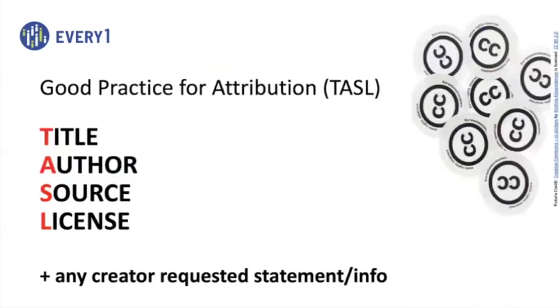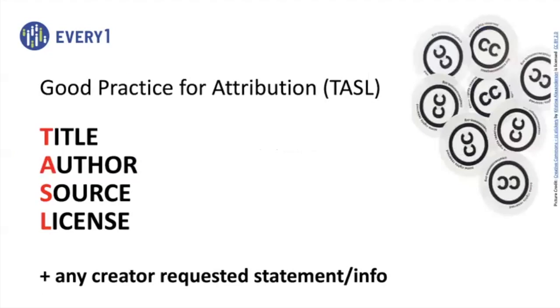Wonderful. So we're going to move on now and briefly talk about good practice for attribution. And this is something that's often presented in this acronym called TASL, which is title, author, source, and license.